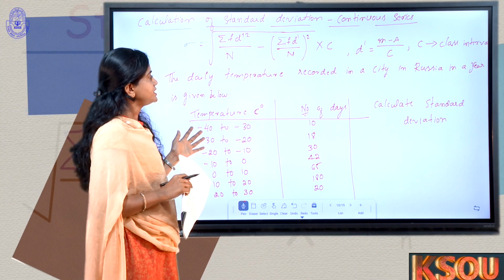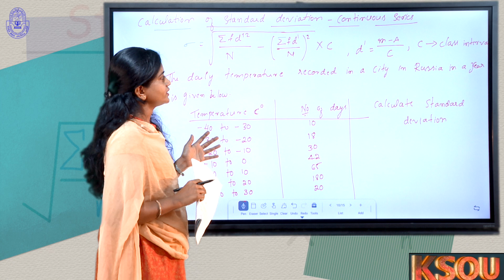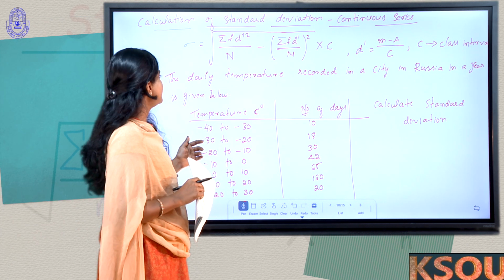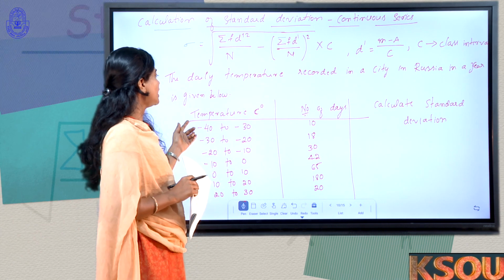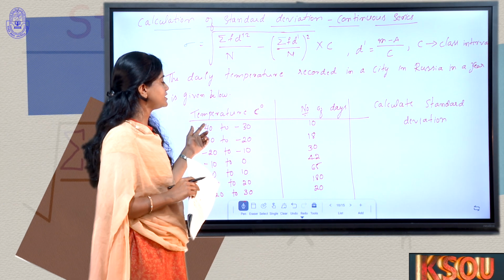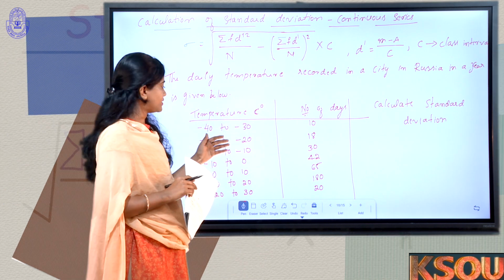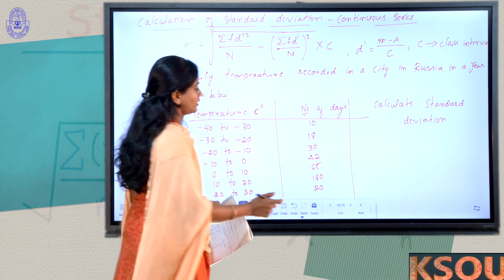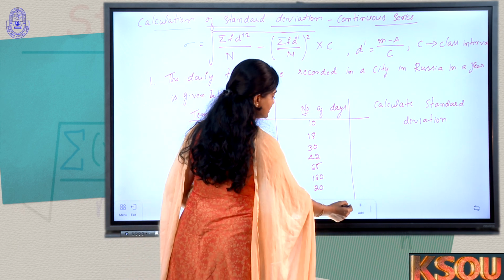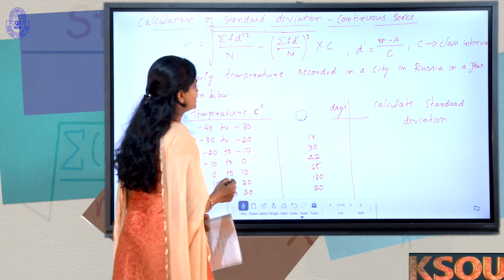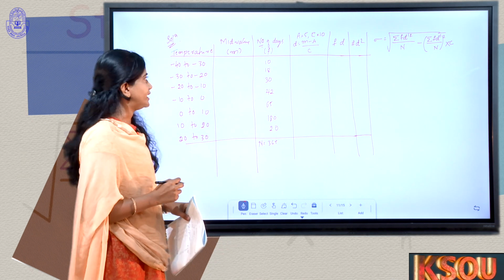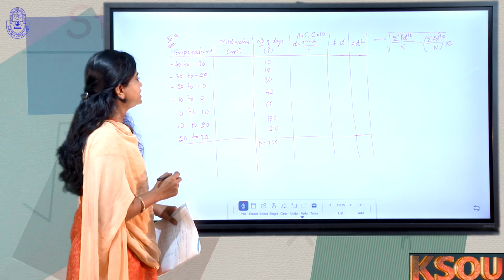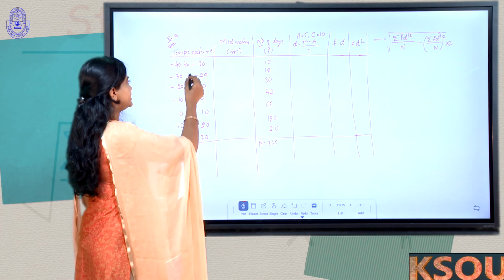The daily temperature recorded in a city in Russia in a year is given below. So, you have temperature in Celsius and number of days. Calculate the standard deviation for this particular data. Now you will have to take the x variable, that is temperature.